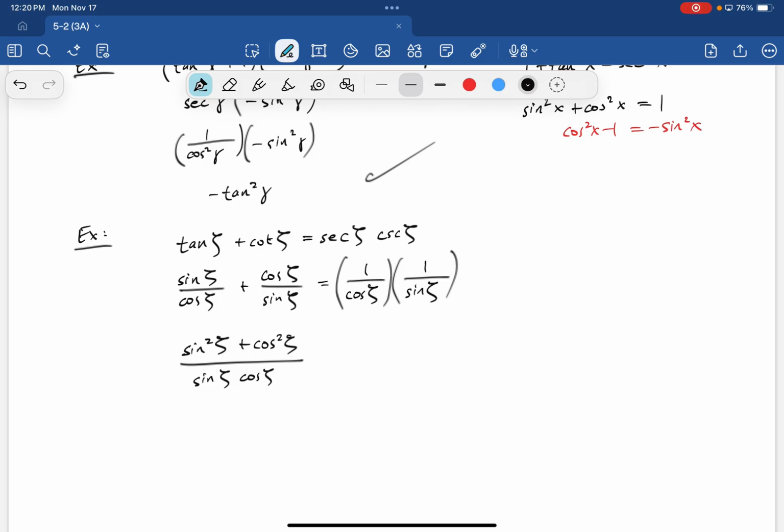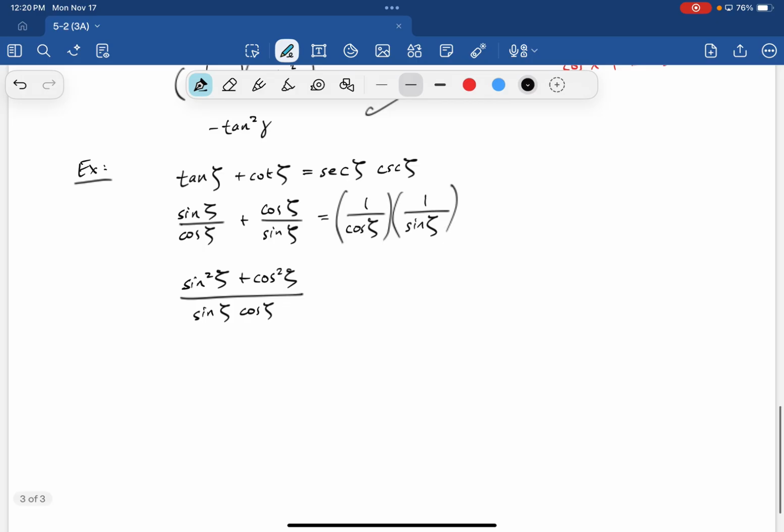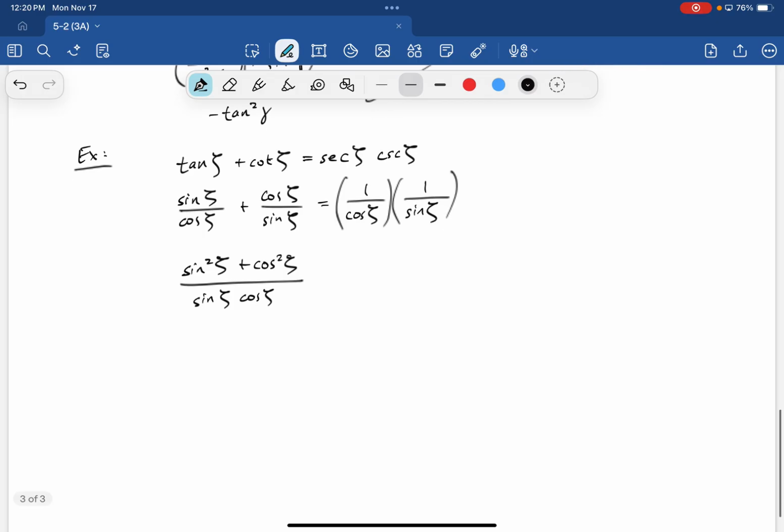And then the right side, we'll just leave it as that for now. Okay, questions? We just made it into one fraction. But sine squared plus cosine squared, that's just 1, right? And so this is really just sine zeta cosine zeta on the denominator. And we're done. It's the same as the right side.